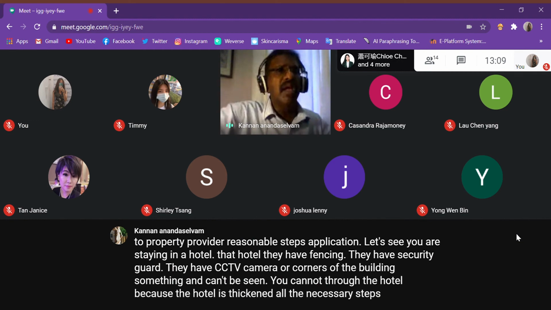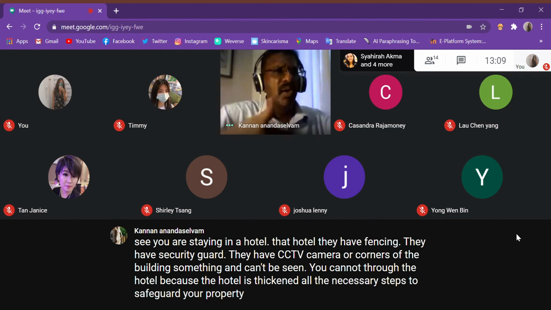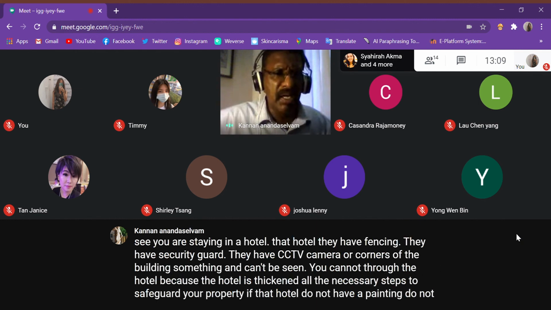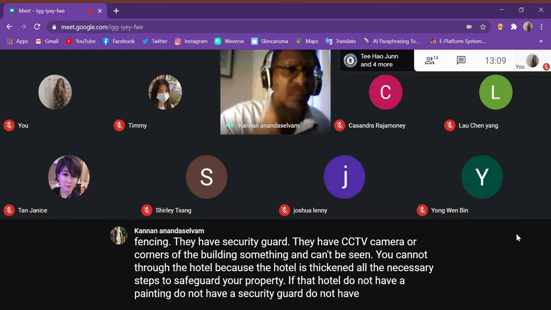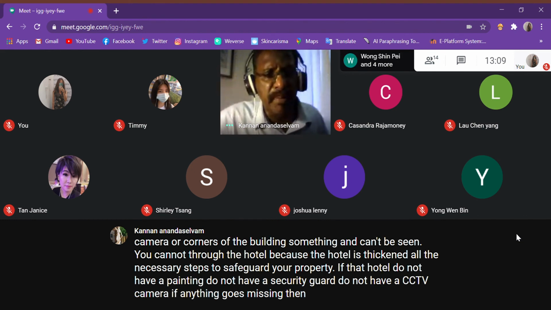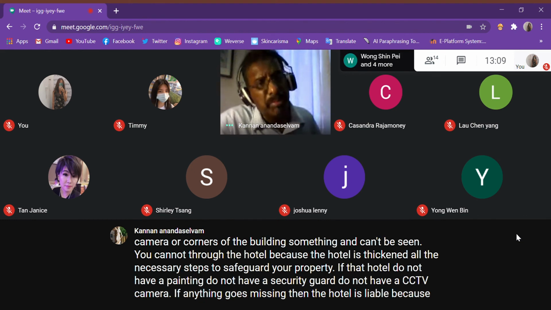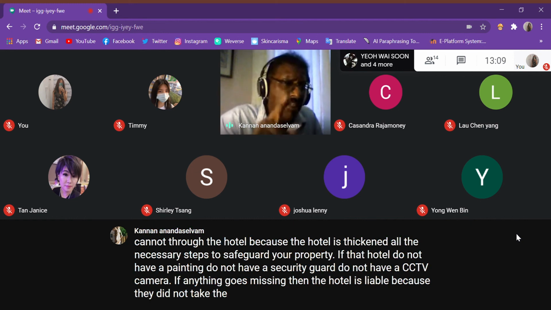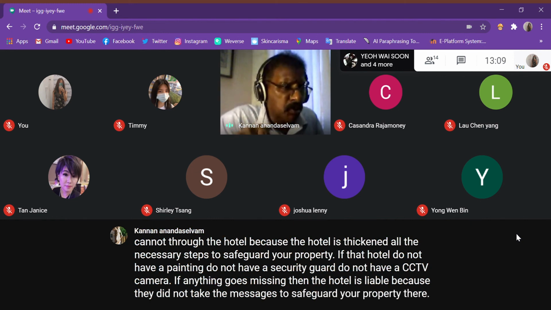If that hotel does not have fencing, a security guard, or CCTV cameras, and anything goes missing, then the hotel is liable because they did not take the necessary steps to safeguard your property. Okay. That is what section 2, subsection 2 says.